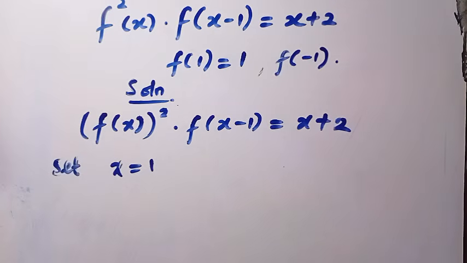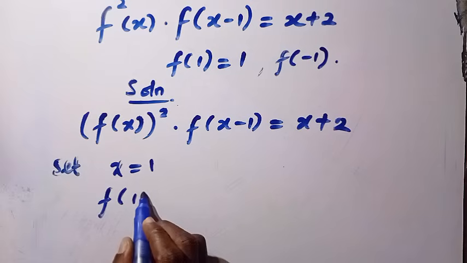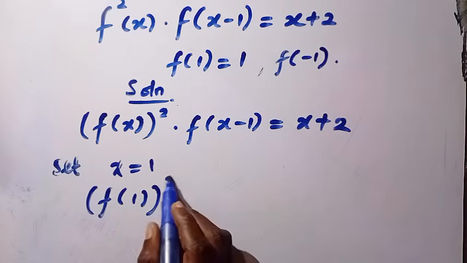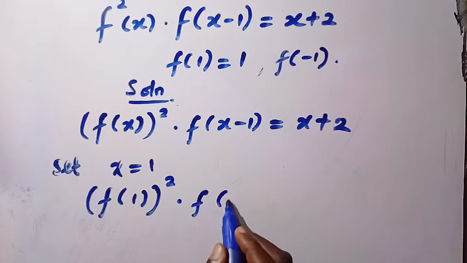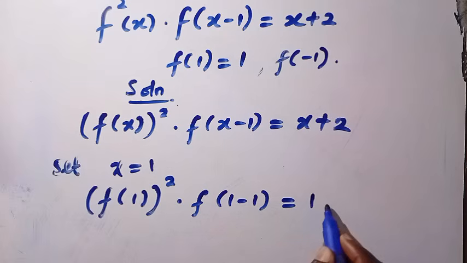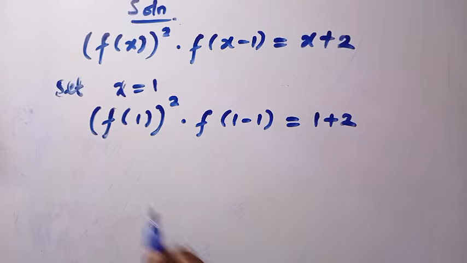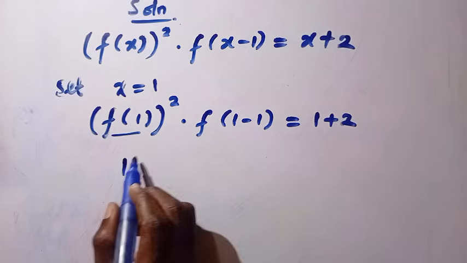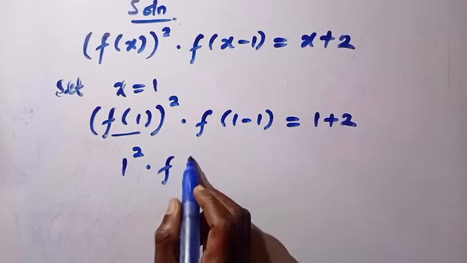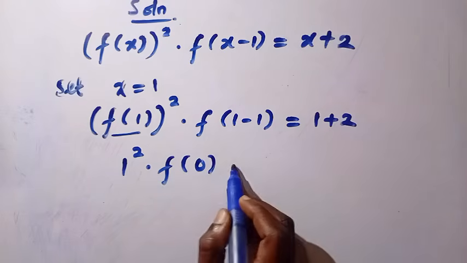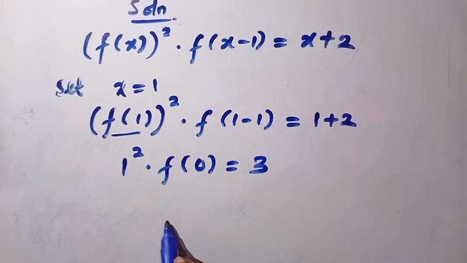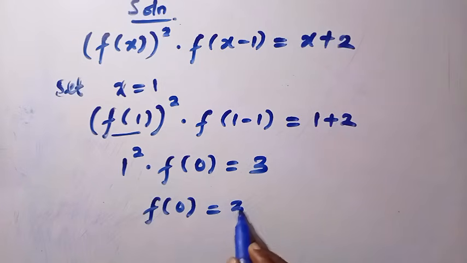If x equals 1, we are going to have f of 1 raised to power 2 multiplied by f of 1 minus 1 equals 1 plus 2. And for f of 1 given as 1, we have 1 squared multiplied by f of 0 equals 3. 1 squared is 1, and f of 0 here is given as 3. So we are going to make use of this in the next step.